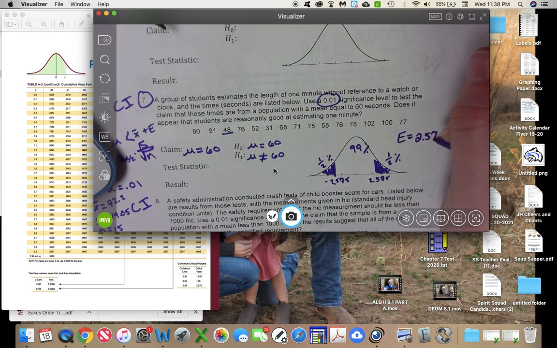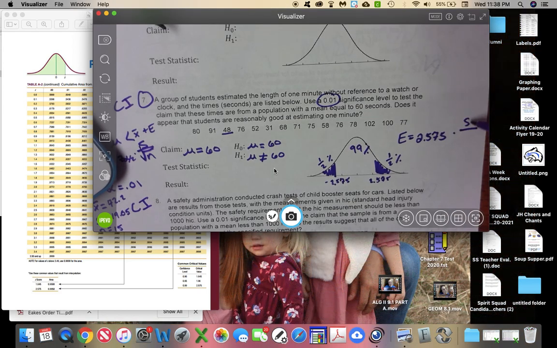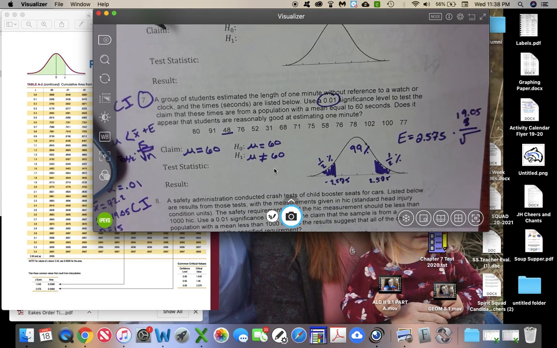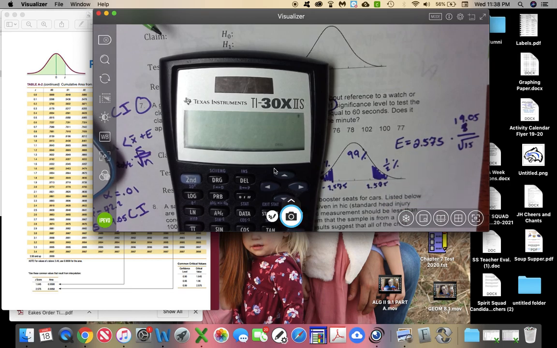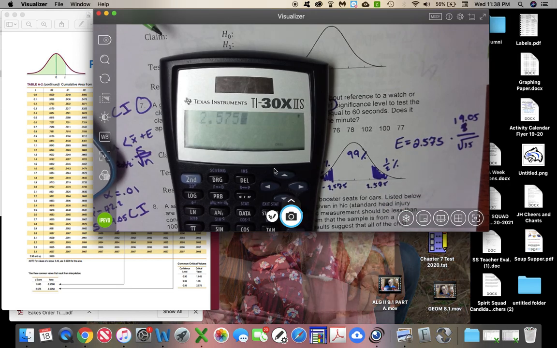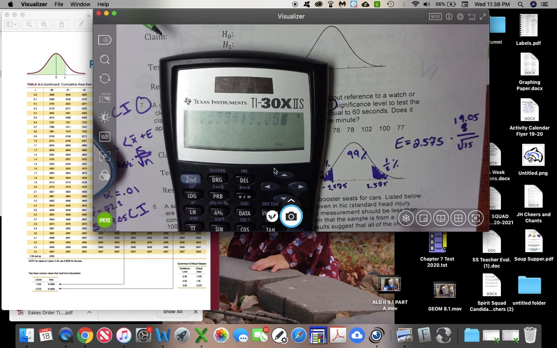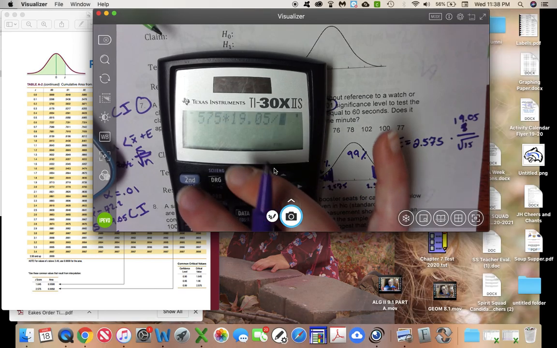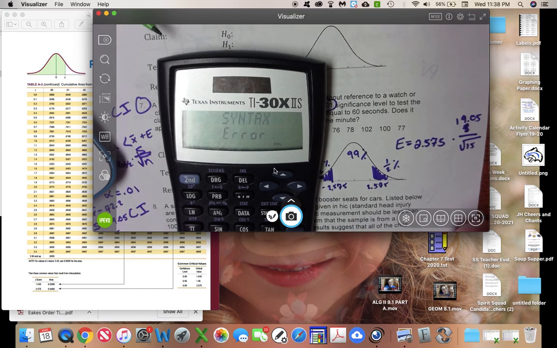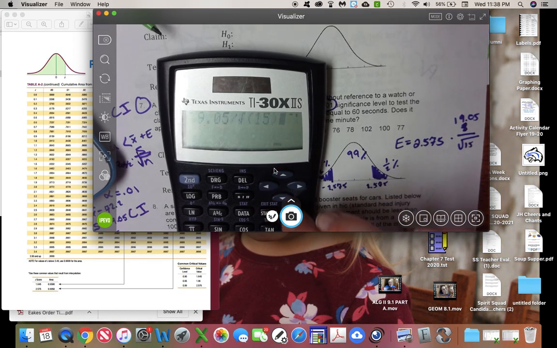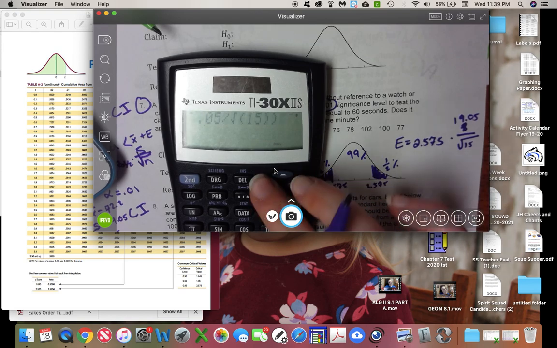So 2.575 times s over the square root of n, where s is 19.05 and n is 15. That's what we need. All right, let's figure out the error. Oh shoot, I put one too many parentheses in there.